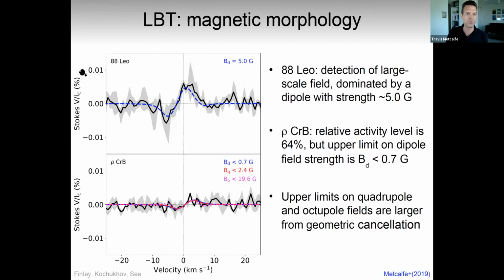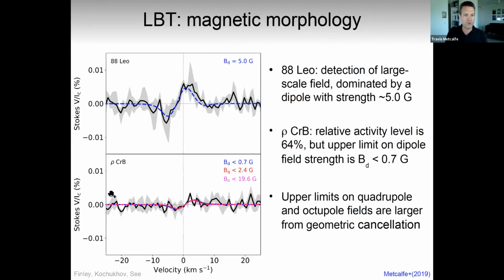Keep in mind that 1 part in 10,000 is the full scale here, so these are tiny degrees of polarization. These are hard measurements to make. But for 88 Leo, we derive a dipole field with a strength around 5 Gauss.